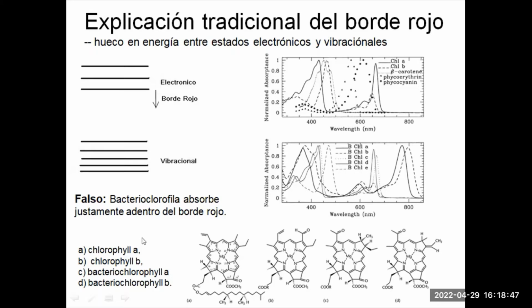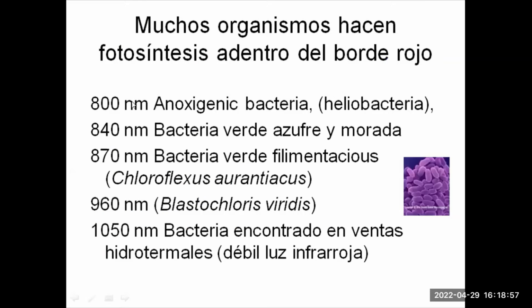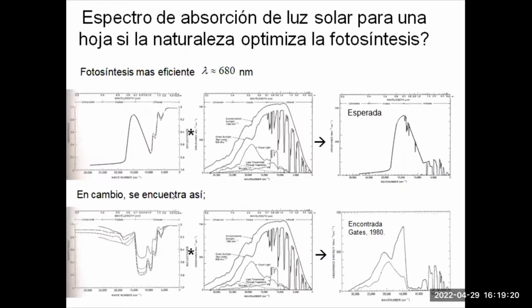And these are the chlorophyll B molecules and the bacterial chlorophyll A and B. And just to give you some examples, these are bacteria that absorb within this region in which the plants and bacteria on the land are not absorbing. There are in fact bacteria which live under low intensity light, which are absorbing in this region.